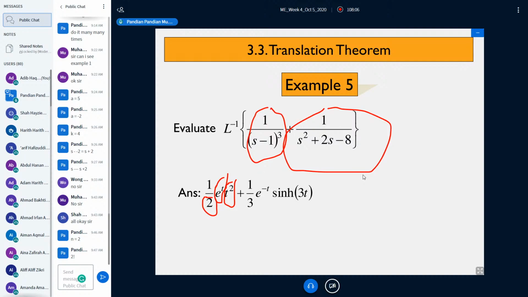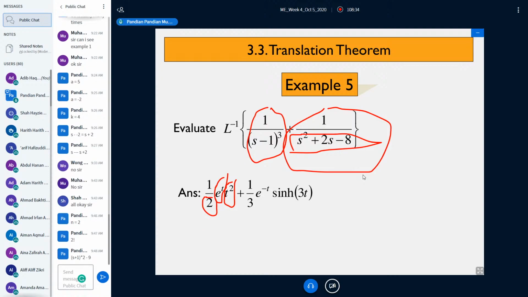So you write this term as s plus 1 power 2 minus 9. This is called completing the square.